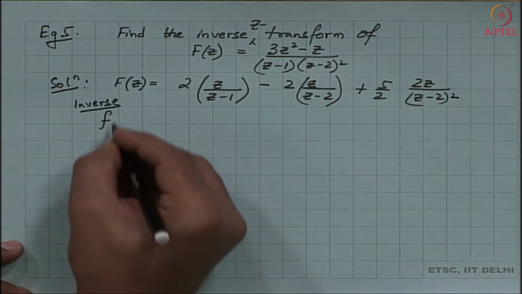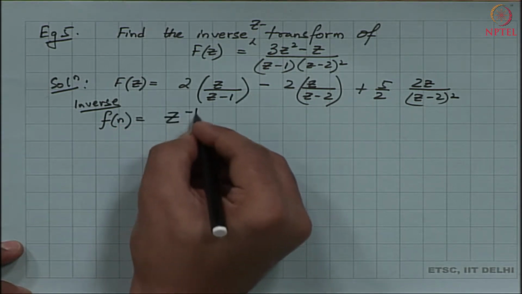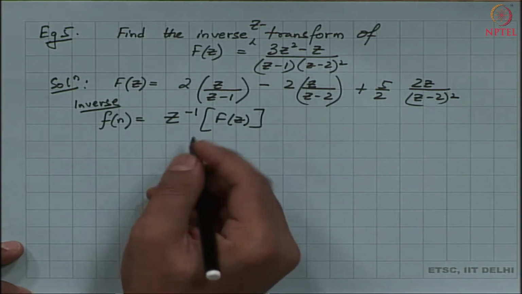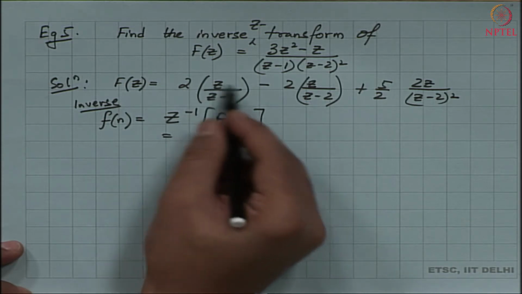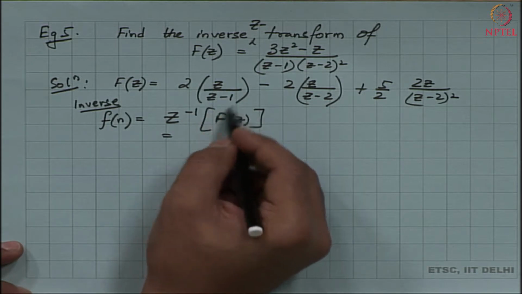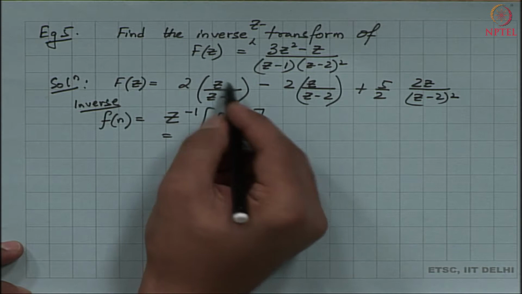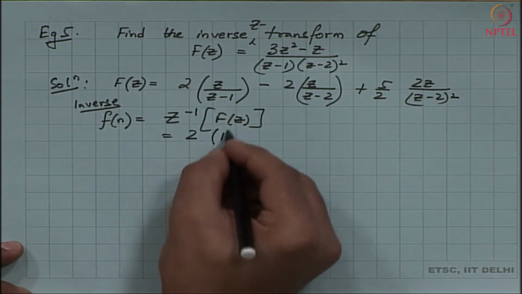of this function, given by f of n, so this is also the Z inverse of this function. I see that this is also equal to, well, let's evaluate the inverse transform using my result that I recalled in my previous slide. I see that the inverse transform of the first term will be 2 times 1 to the power n.